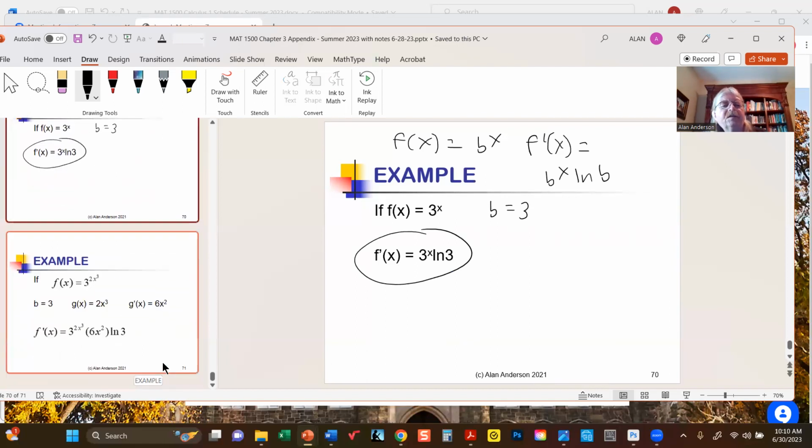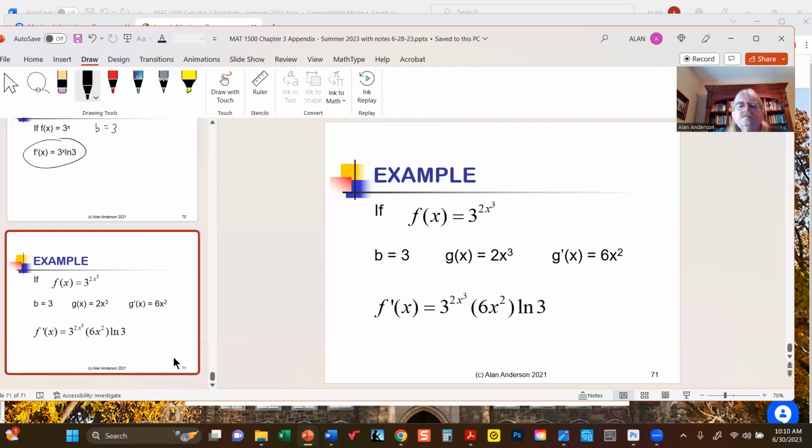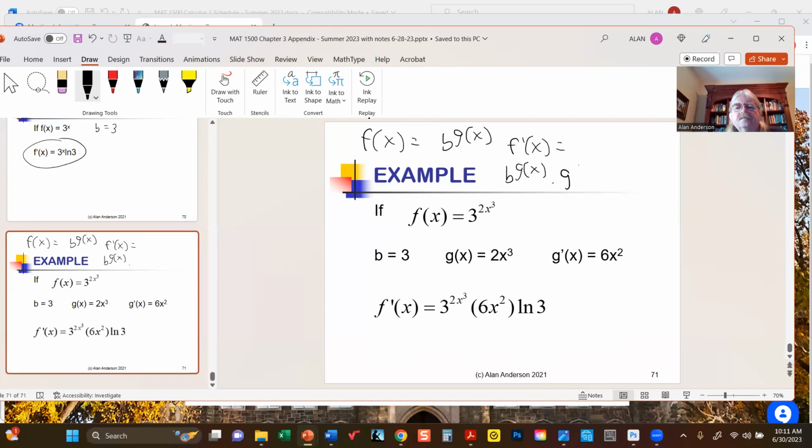All right, and then lastly, we have this one. So in this case, b is 3.